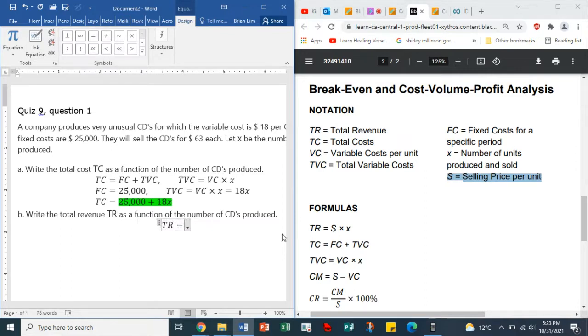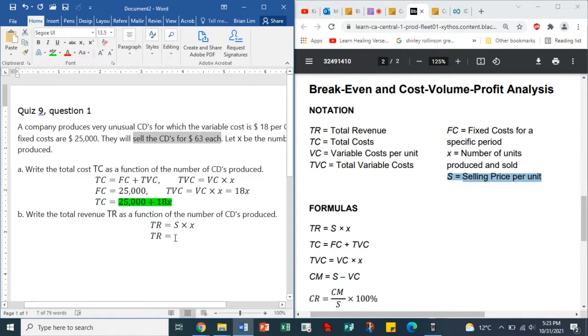TR would be equal to S times X. The selling price is $63 per CD.